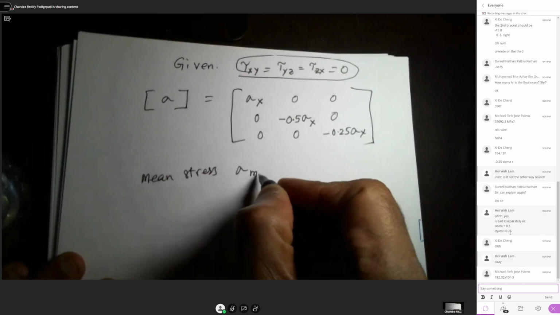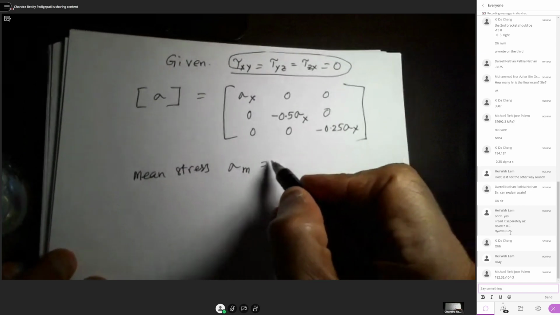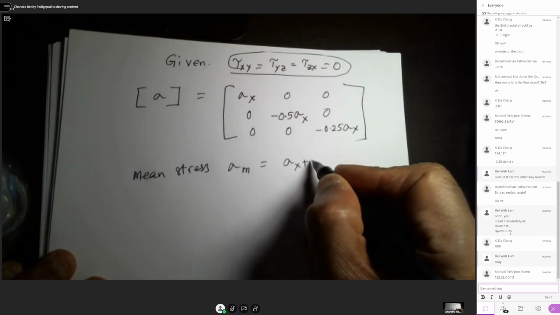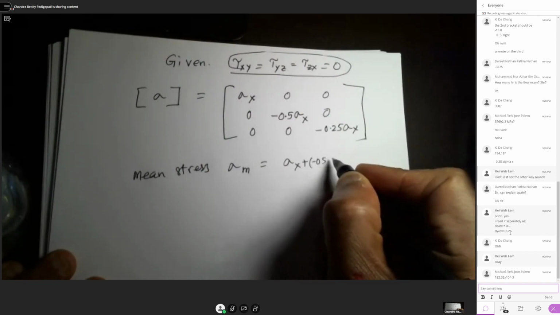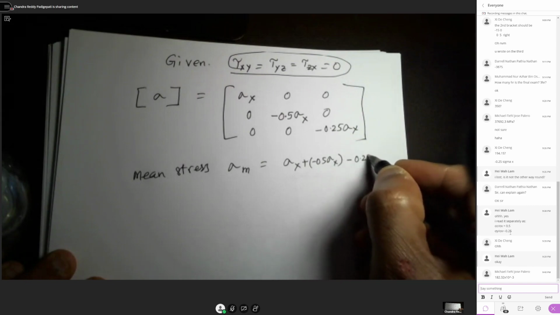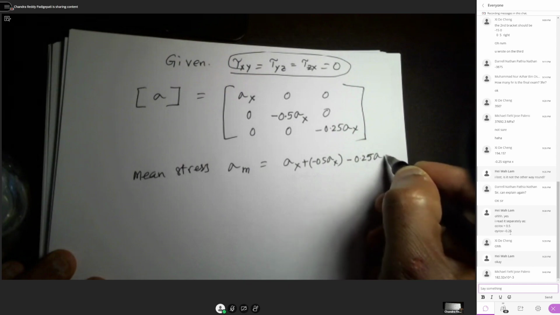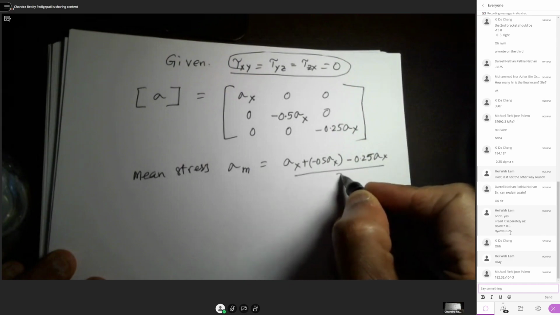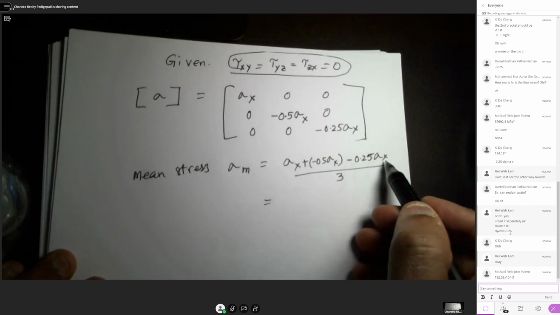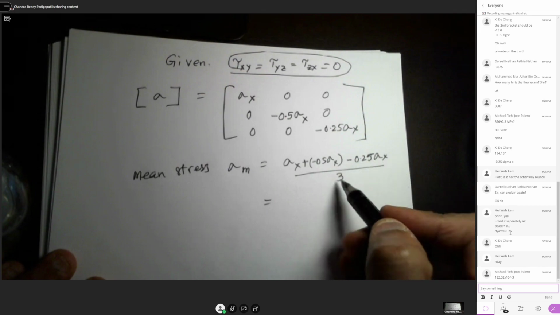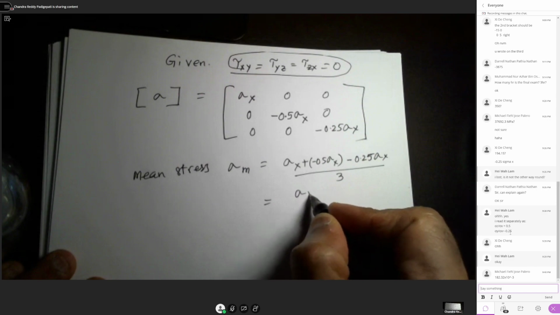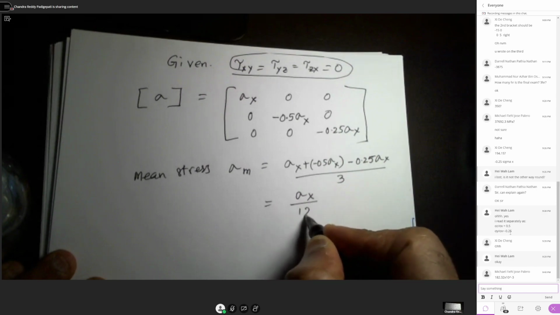Okay, so for the given stress tensor, you can write the mean stress. So mean stress sigma m is equal to sigma x minus 0.5 sigma x minus 0.25 sigma x, over 3. So this will give you sigma x over 12.